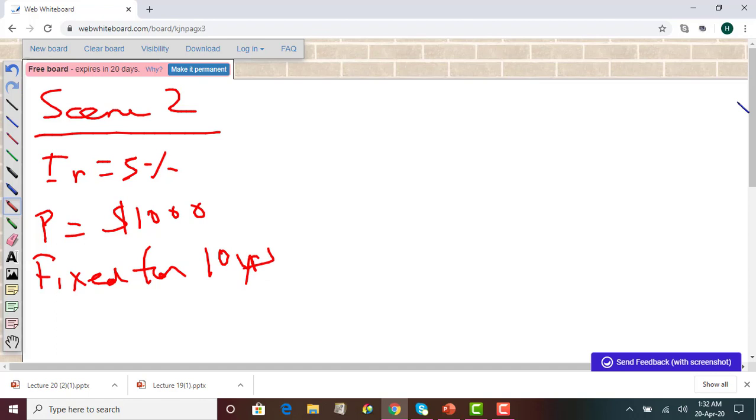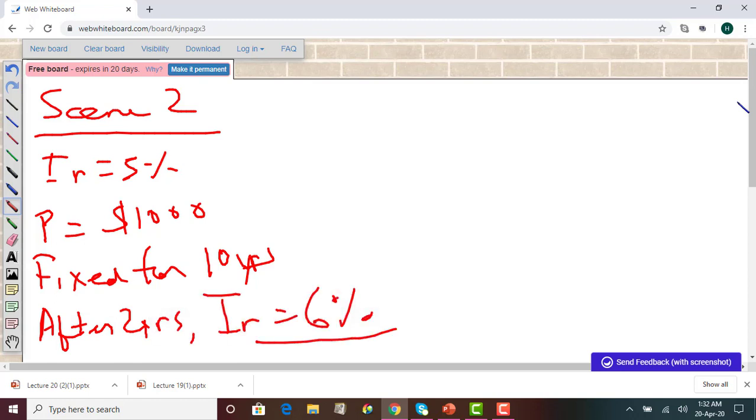Okay, now let's say after 2 years interest rate went up. Last time we saw it went down to 4%. Now let's say interest rate actually went up to 6%. What will be the price of the bond in this case, because payments are still fixed?